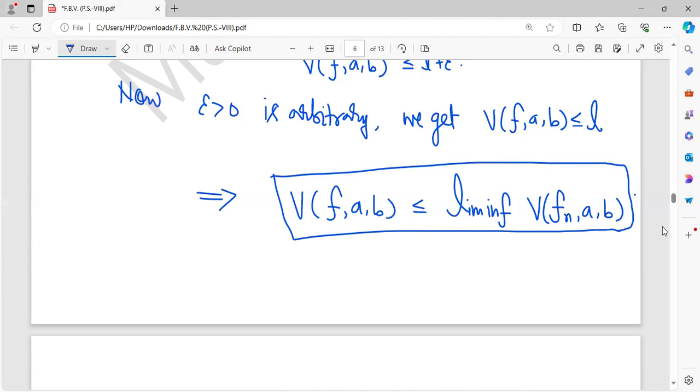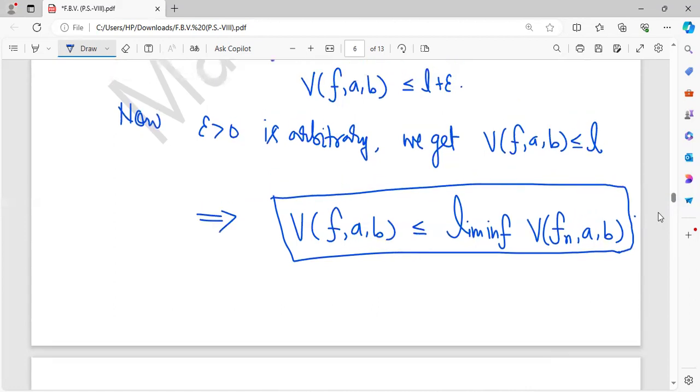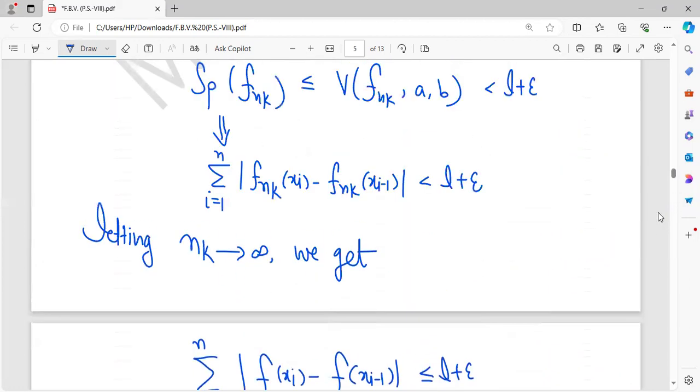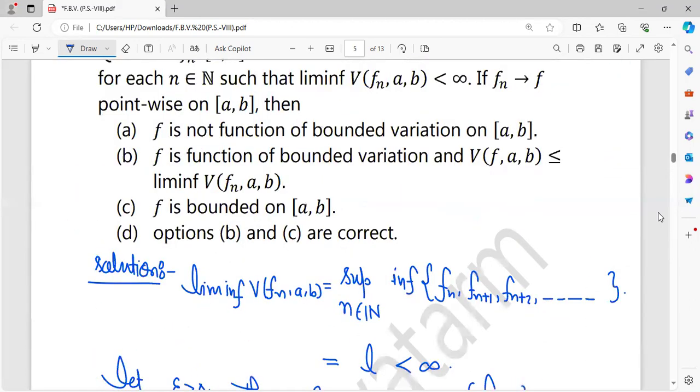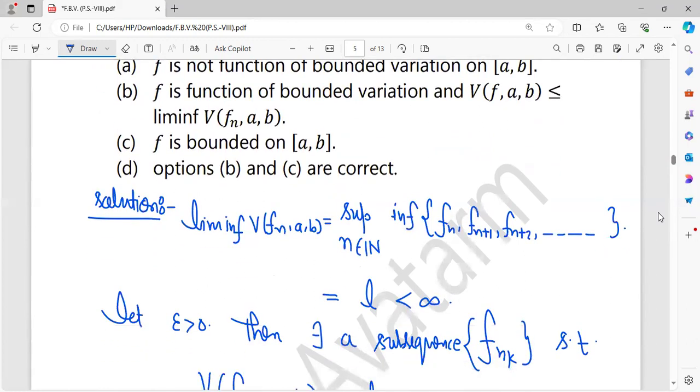So which option is correct? Sorry, I forgot to write here: this is the limit inferior. So write it again.